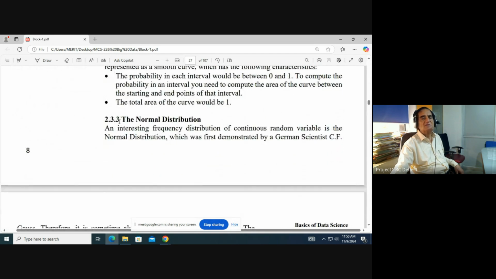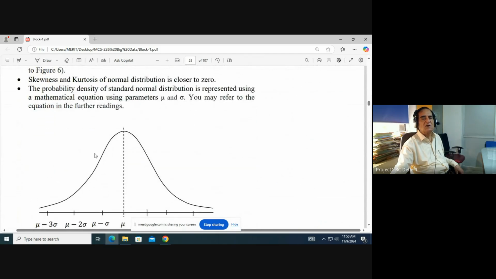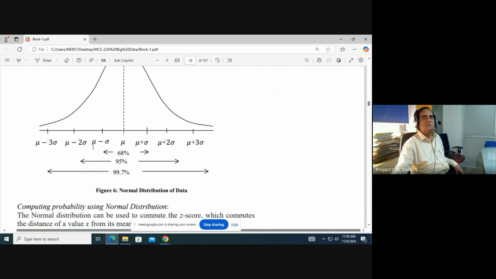So this is the normal distribution, where mean, median, mode are the same. Okay, so that's mu minus sigma, mu plus sigma, mu, and that is 68%, 95%, 99.7%. This portion of the curve from here to here is up to 99.7%.